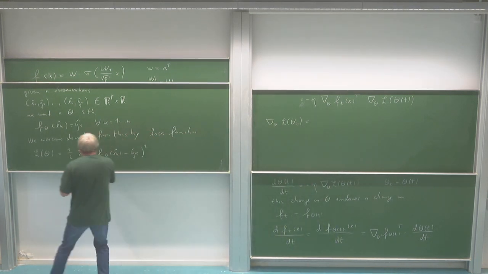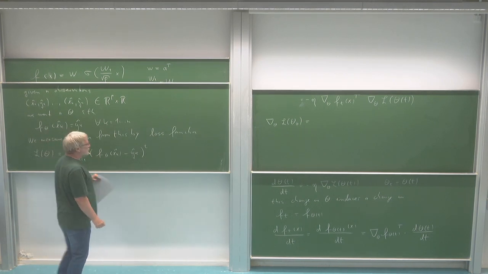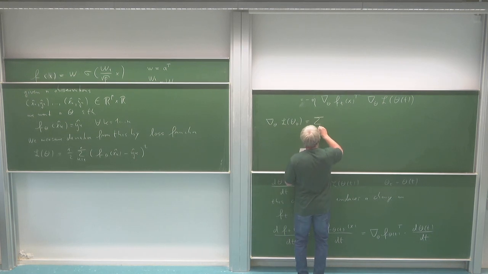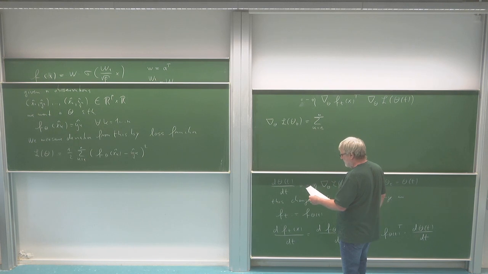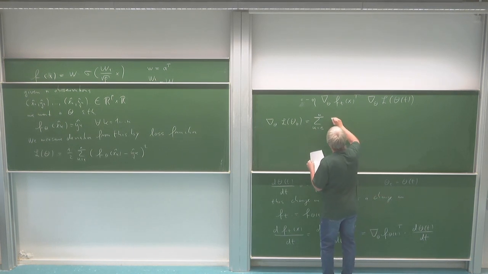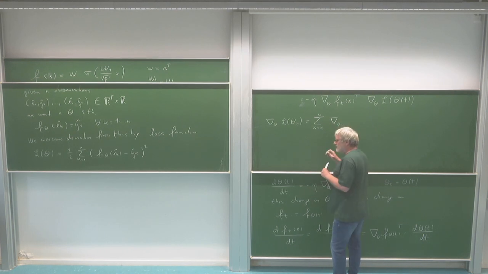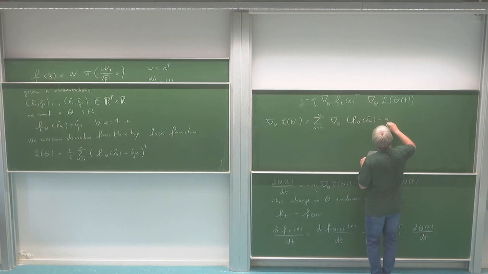Of course, I'm summing over k, running from 1 up to n, for my n observations. Maybe let me first write it down. So for each k, I get the gradient of this f theta of xk hat minus yk hat, squared.